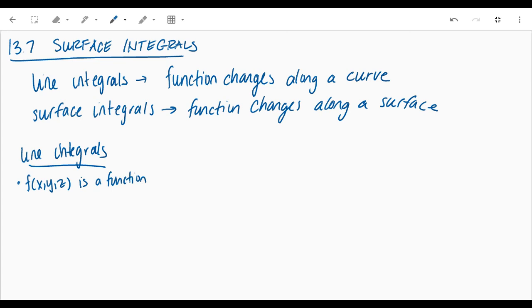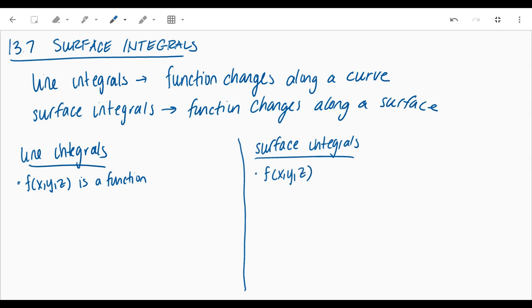When we do surface integrals, it's also our function. For line integrals, the domain of that function was a curve. For these surface integrals, the domain of this function is a surface.